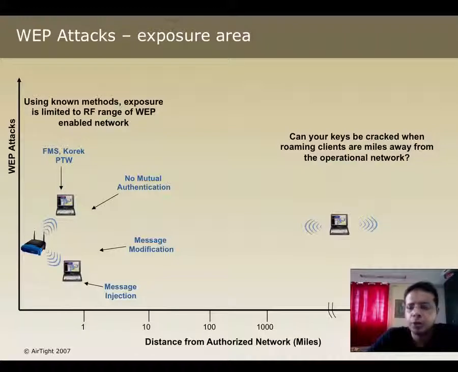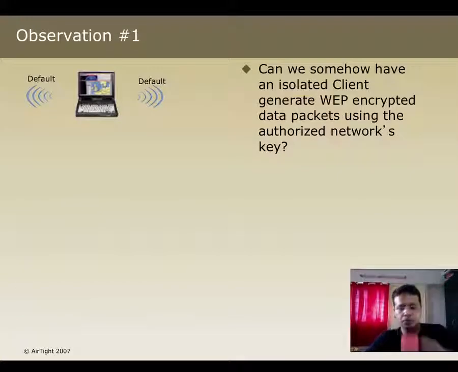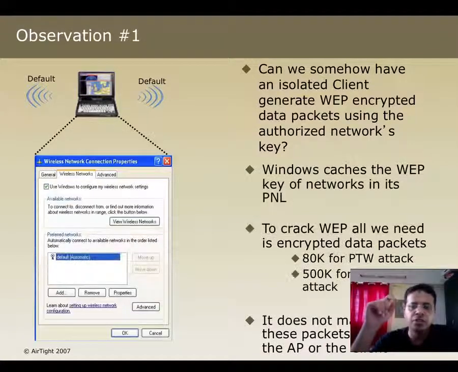Now, how do we go about this problem? So we start by making some very interesting observations. Now, the first question is, can we somehow have an isolated client generate WEP encrypted data packets using the authorized network's key? So the first thing which helps us here is the following.